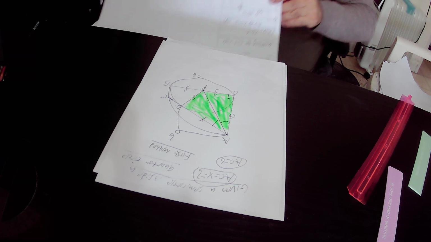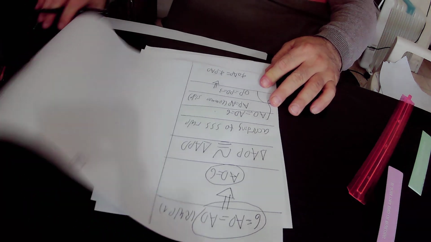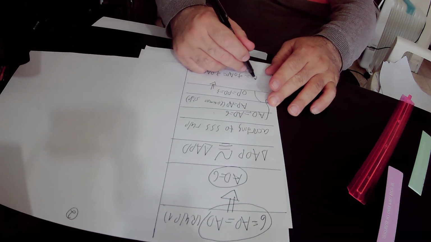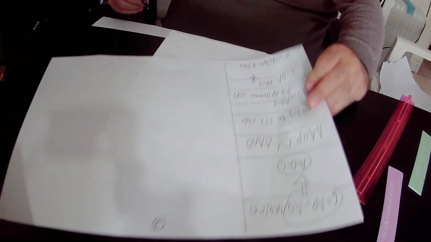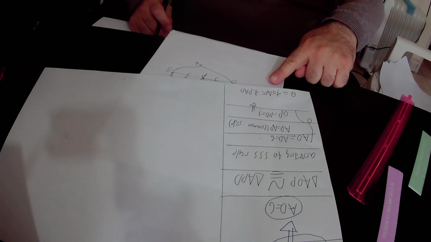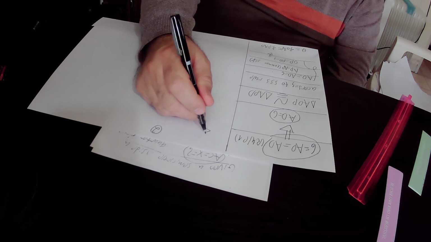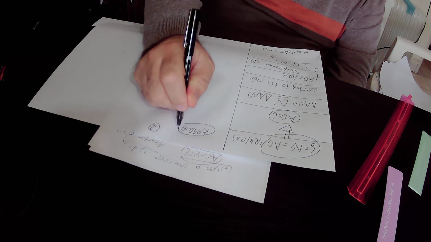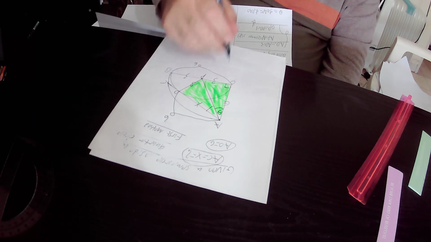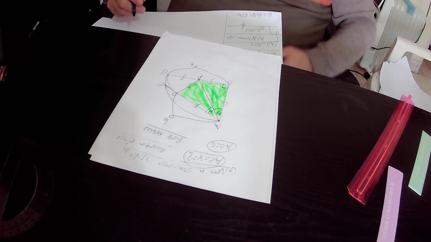Okay? So if we define angle OAP as theta, then from this equation, theta equals angle OAP equals angle PAD, we will derive that angle PAD is also equal to theta. So those two angles are both equal to theta.